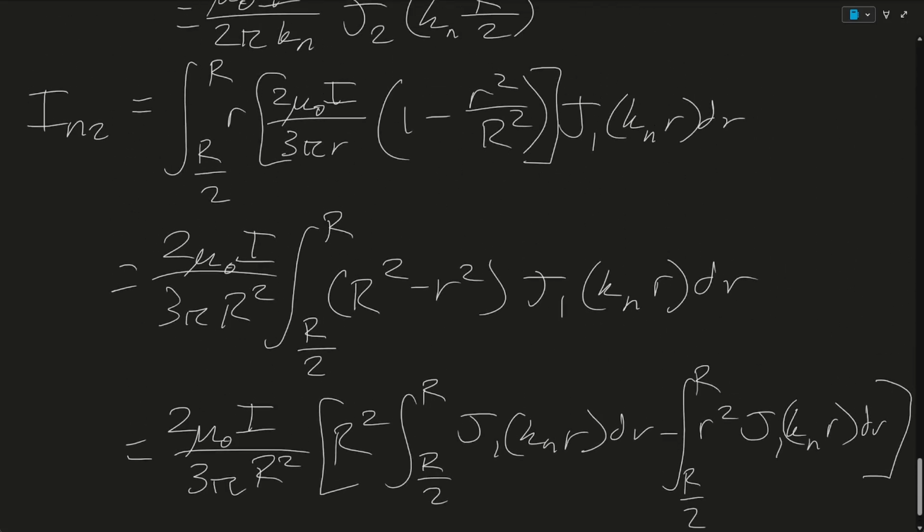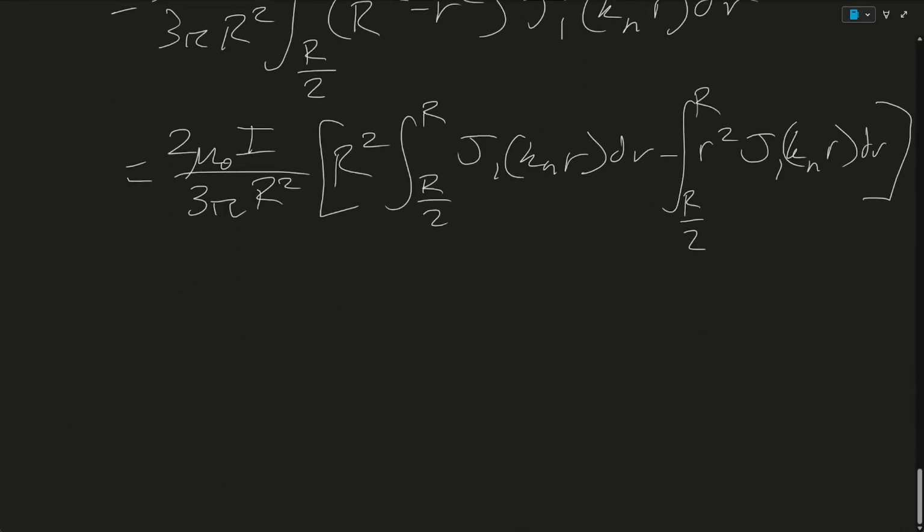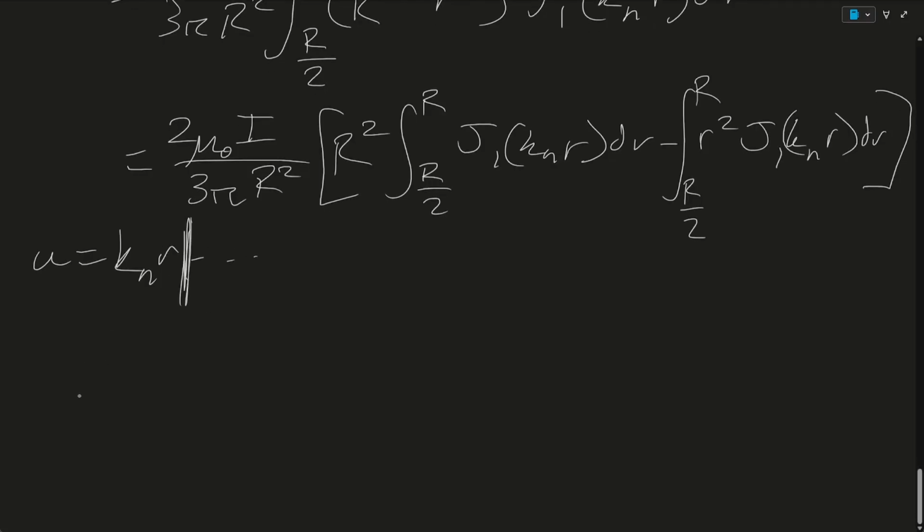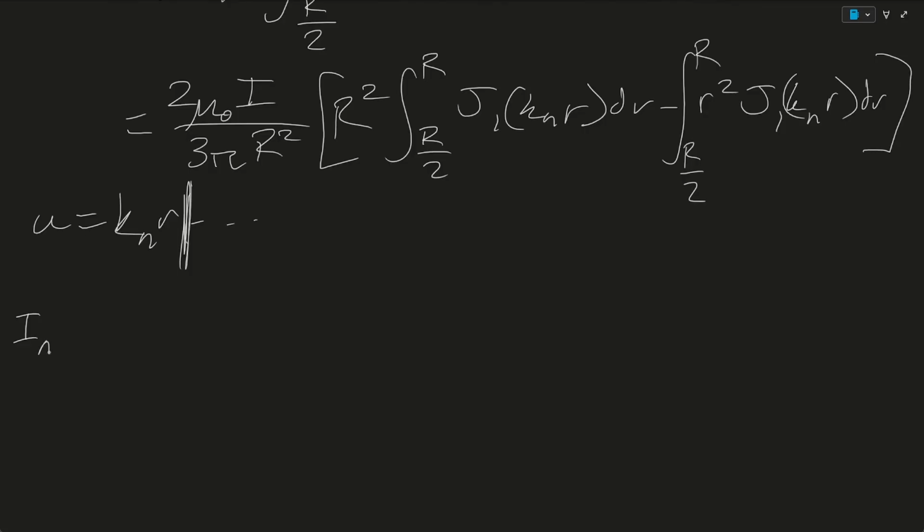Same u sub from above. E equals k and r dot dot dot. But let's make it clear that the dollar is afterwards. Anyway, I might need a bit of space for this because it really does get gross. 2 mu naught I over 3 pi r squared.